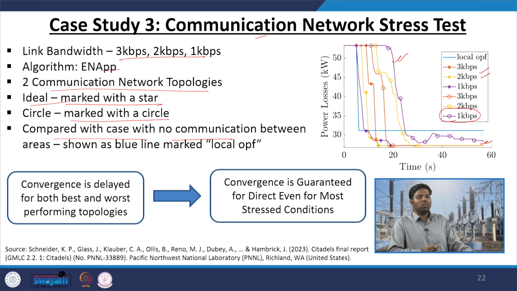The worst performance you will get is when your communication medium is stressed, you are not allowing most of the data to flow, and you are also making them flow through the longer path. So, that will obviously take the solution to a point that will not even converge within 1 minute. So, you are not getting even any convergence. Okay.